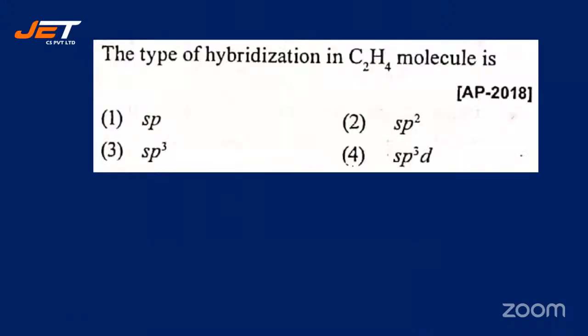Next question. The type of hybridization in ethene molecule. sp hybridization, sp2 hybridization, sp3 hybridization, sp3d hybridization. Which is the right answer among the four?